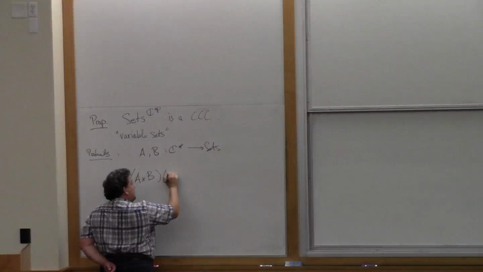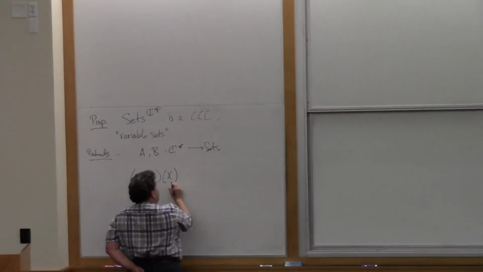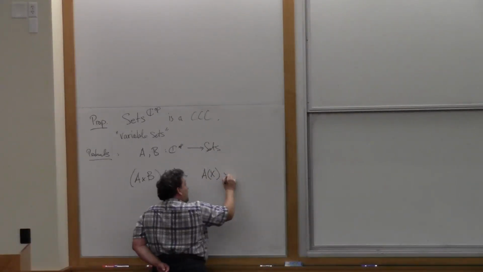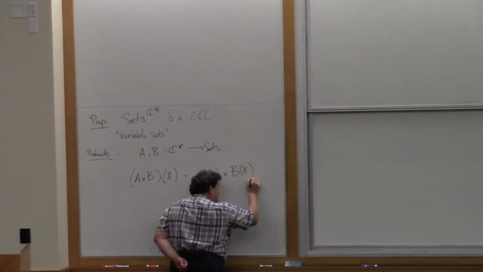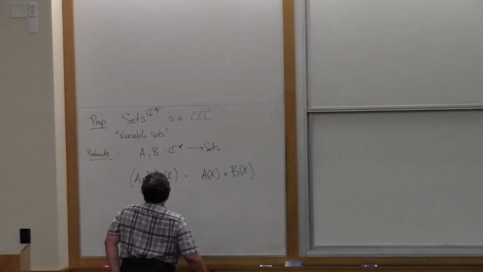I said for every object X in the category C, let the product simply be the product of the values of these two functors. So we're going to make the products pointwise. This is pointwise.